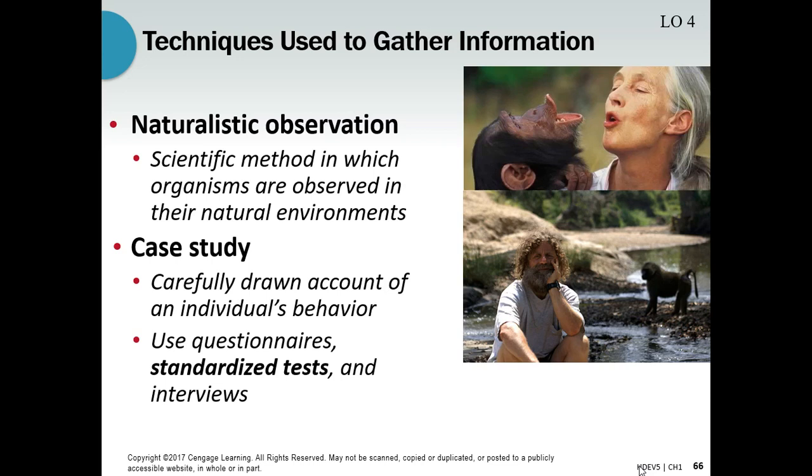Now, the natural environment is specifically what is the natural environment for that subject. And so for a chimp, like Jane Goodall went to study chimps, or a baboon, like Robert Sapolsky goes to study baboons, they have to go out in the wilderness where there are chimps in nature or where there are baboons in nature.